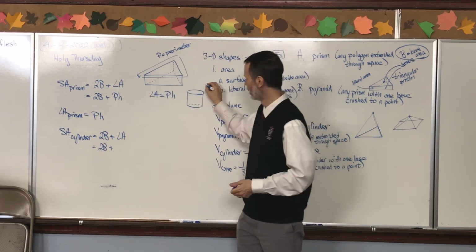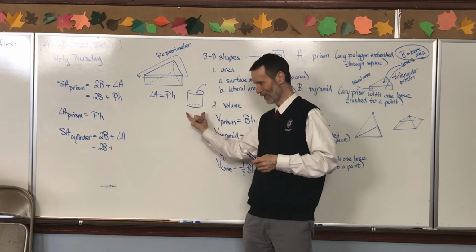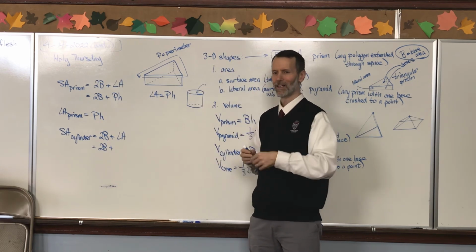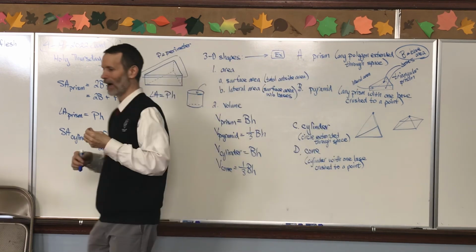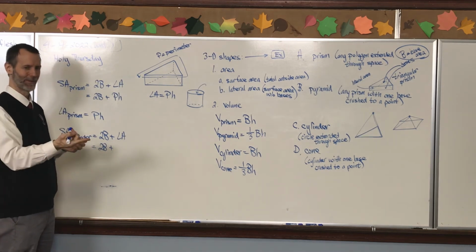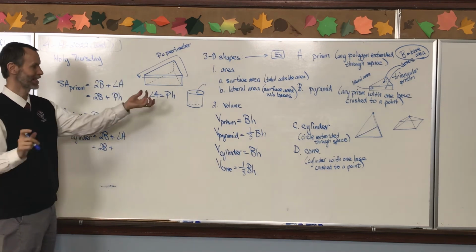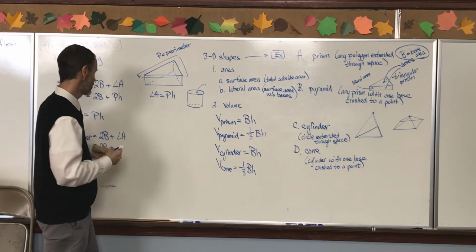Pretend this is hollow. How do you get the area of this thing? 2 pi r times, what's the next letter in the formula? H. And T is thickness. That'll give you volume. But just 2 pi r h, where did it come from?